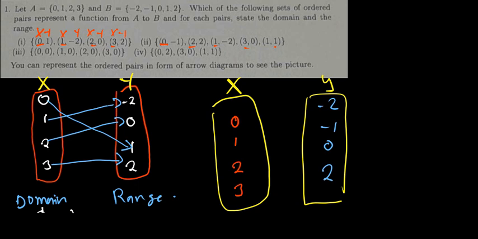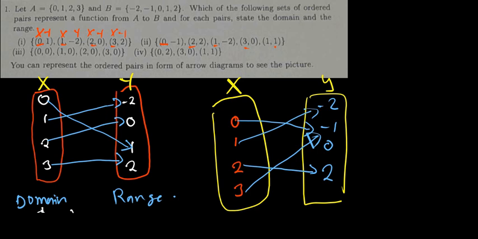So 0 to negative 1, 0 to negative 1, then 2 to 2, 2 to 2, 1 to negative 2, 1 to negative 2, 3 to 1, 3 to 1. Is this a function?